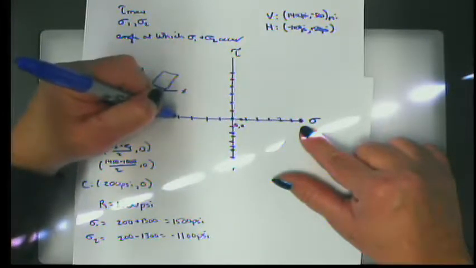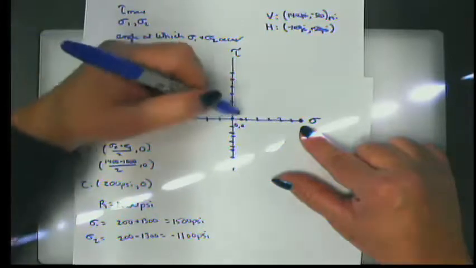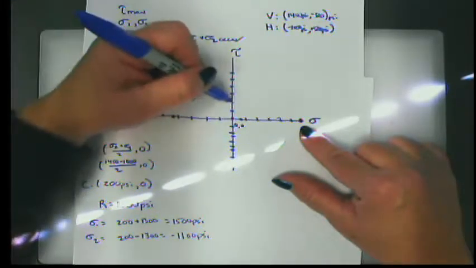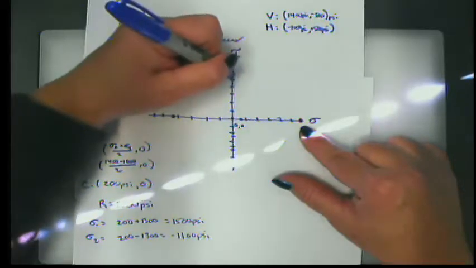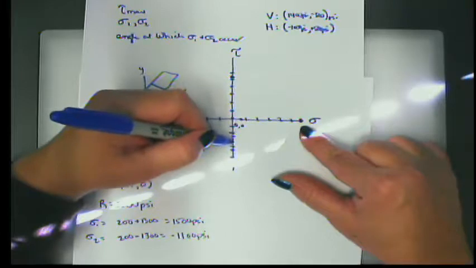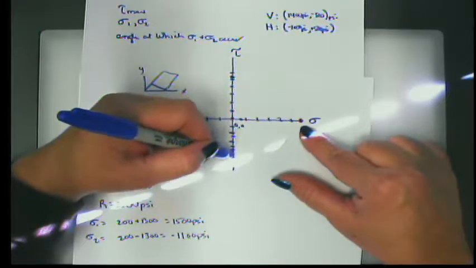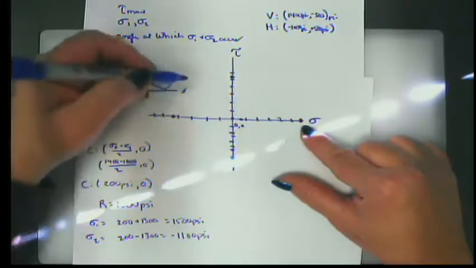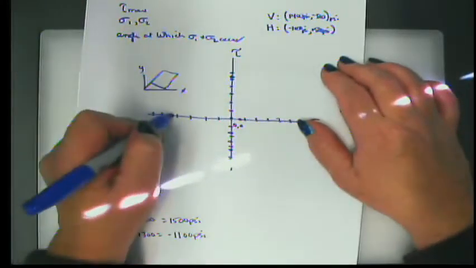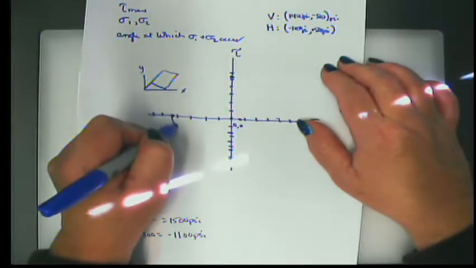It's about right here. And then my tau is 1,300, about right here, and negative about right here. All right, so then I attempt to draw a circle.